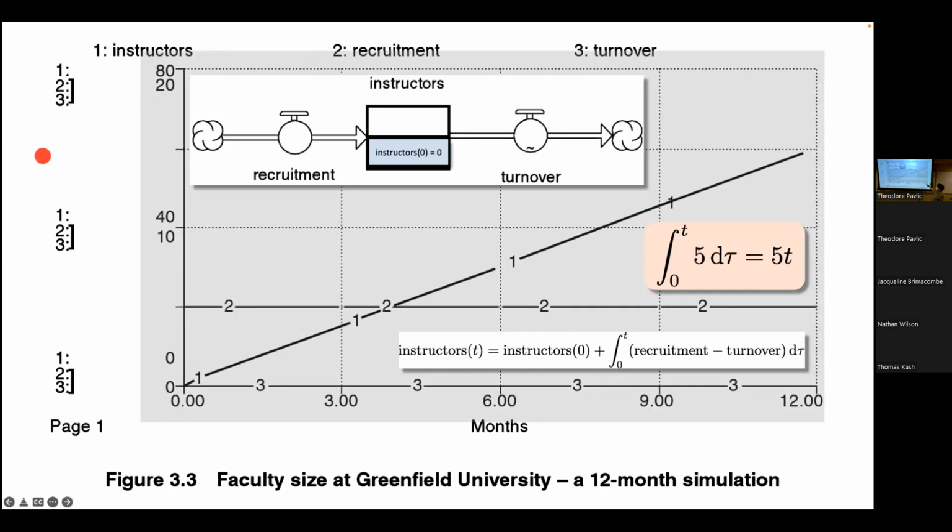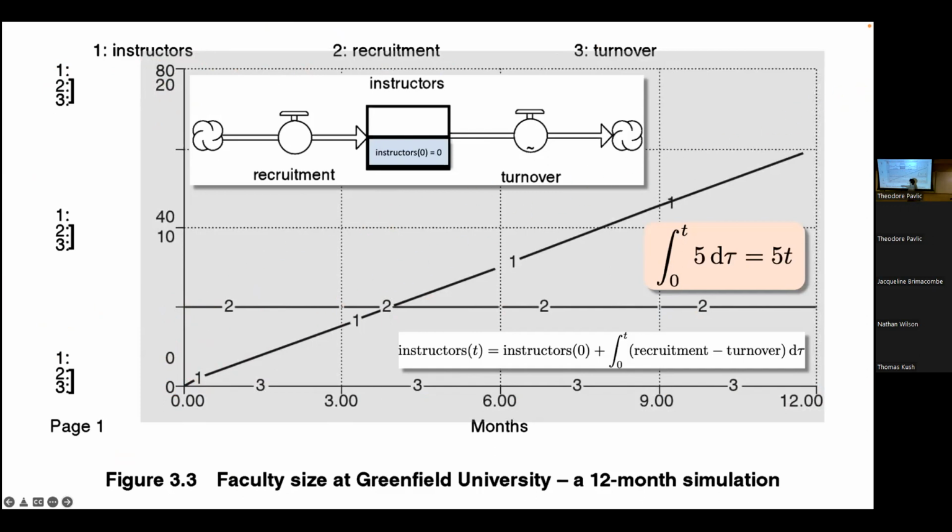And so this is saying that when line 2, which is recruitment, is stuck at a constant value of 5, and line 3 is a constant value of 0, then recruitment minus turnover is a constant value of 5. And so the instructors, as expected, has a line of slope 5.